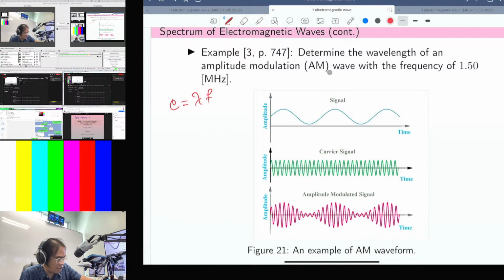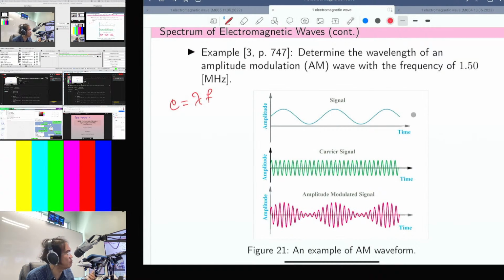What is AM, amplitude modulation? If you study in the future, if you go to the electrical engineering department, there is a branch of electrical engineering called communication engineering, and amplitude modulation is a type of modulation.